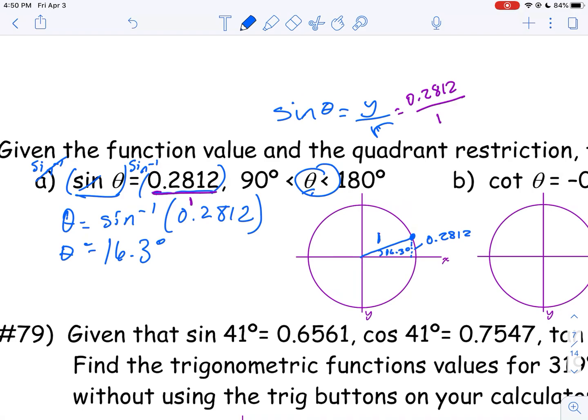Now, for theta to be between 90 and 180, that's going to be in the second quadrant here. But I need to have the same y value in this quadrant as I did over there. So how is that going to happen? Well, we just need to draw a line over from here.